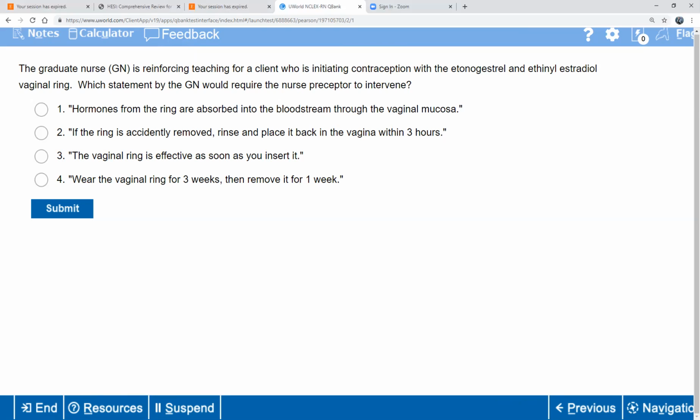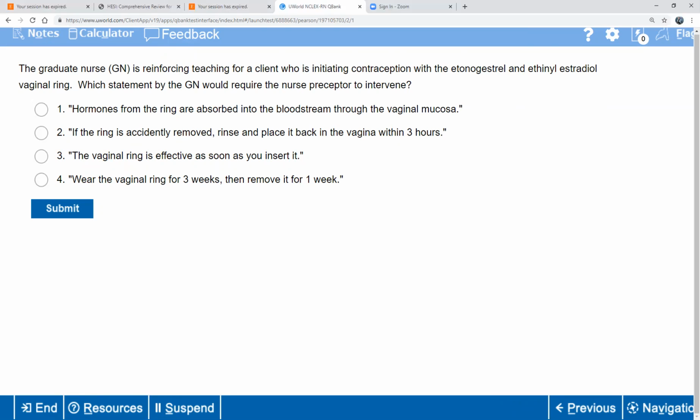The vaginal ring is effective as soon as you put it in, and wear it for 3 weeks, then remove it for 1 week? Why? Rinse, and yeah. Yep. So 1 and 3 are correct.